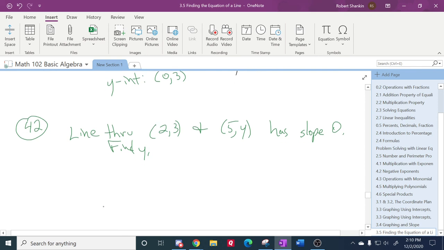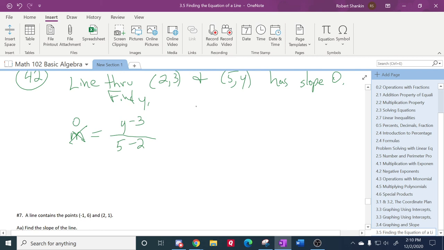Alright, so I know how to find the slope from 2 points. You take the difference in the y coordinates divided by the difference in the x coordinates. And now we're told that the slope is 0. So I'm going to get this equation. 0 equals y minus 3 divided by 3.